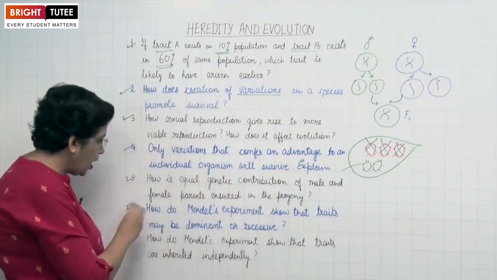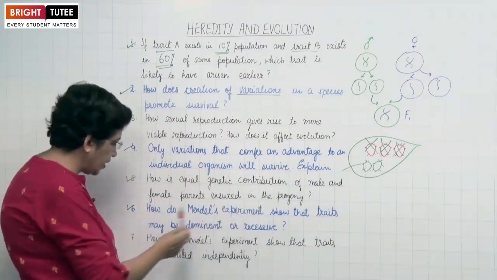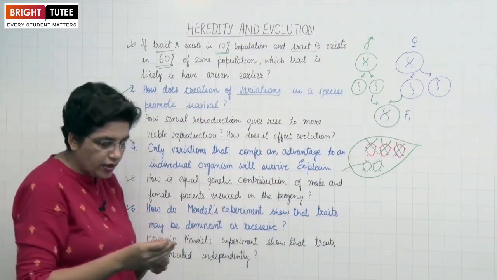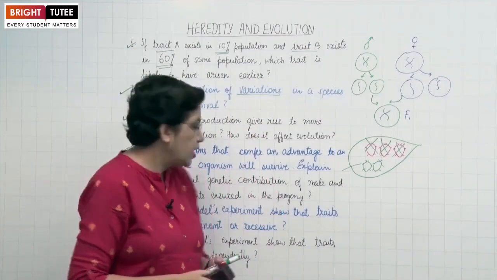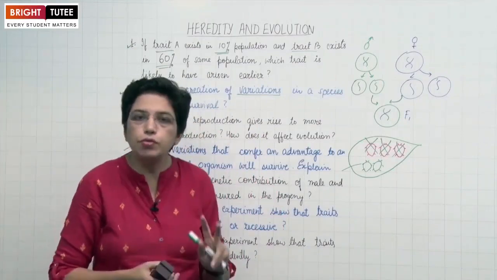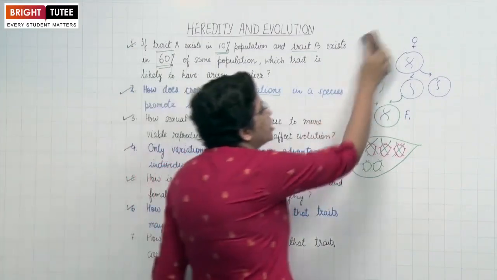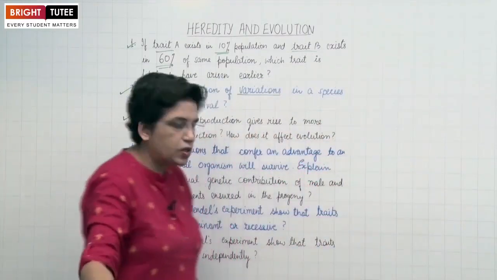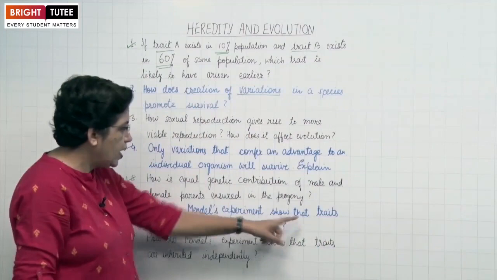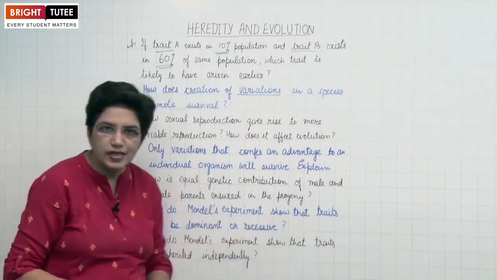Next question. How do Mendel's experiments show that traits may be dominant or recessive? If you have seen my video, I told you Mendel performed two kinds of experiment. First was the monohybrid and second was dihybrid. So how did he show that traits may be dominant or recessive?